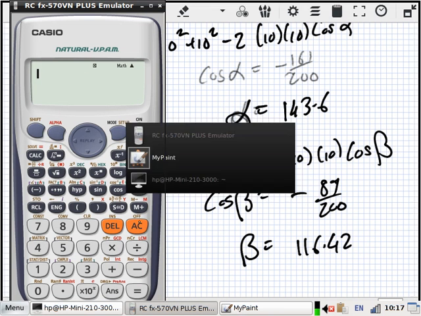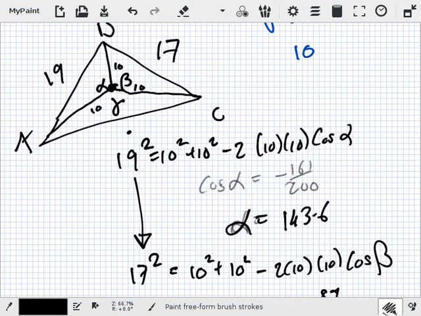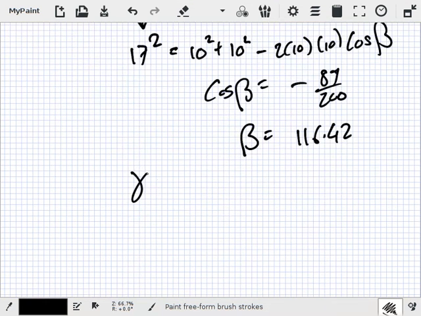Right, so now we are finally able to get the gamma angle. How can we get the gamma? The gamma will be 360 minus alpha minus beta, because the total has to be 360 in the center.